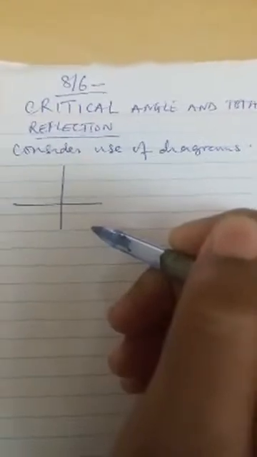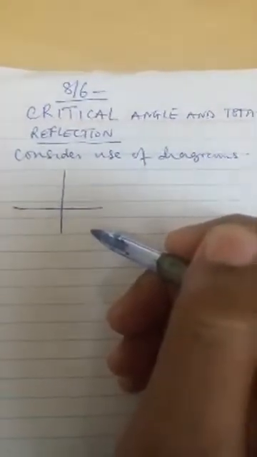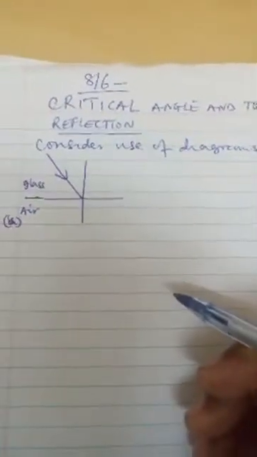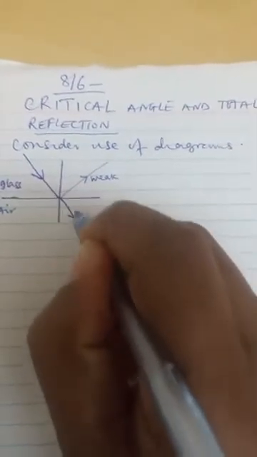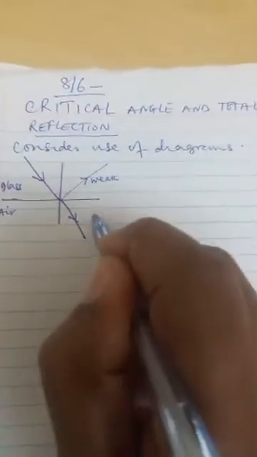There are conditions we shall eventually talk about, but light must move from a dense to a less dense medium. So we shall consider motion of light from glass to air for case A. This light will be reflected, a weak reflected ray, and it will be refracted with a strong refracted ray.